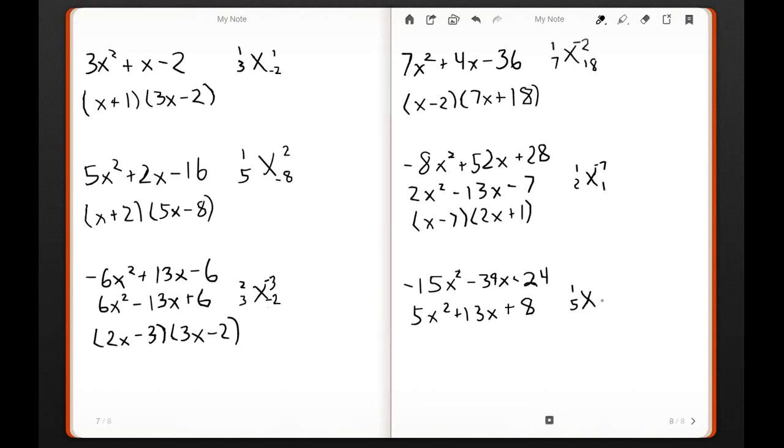So we want to have an 8 being multiplied by a 1 and a 5 being multiplied by a 1. That way 5 plus 8 is 13. 5 times 1 plus 8 times 1 is also 13. So we end on an easier problem for once.